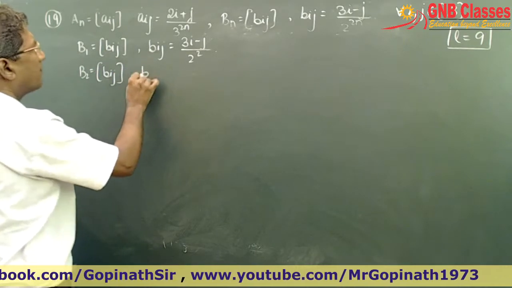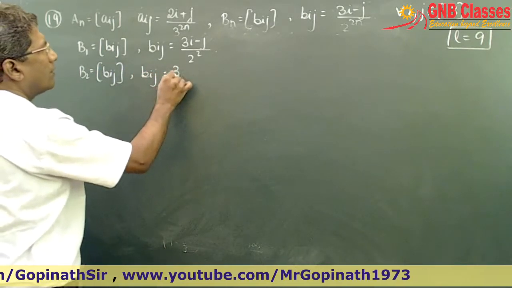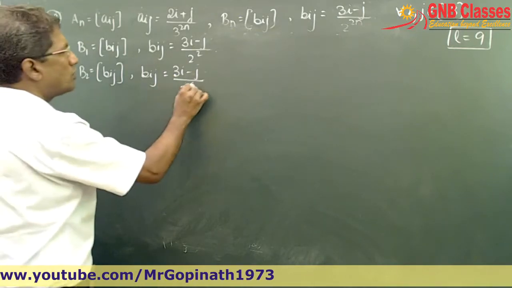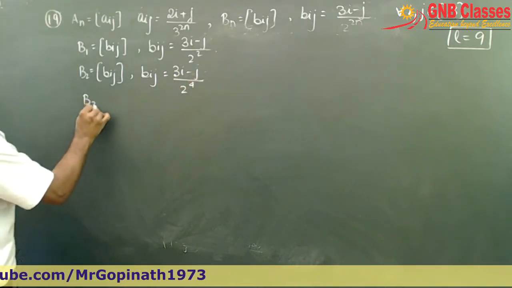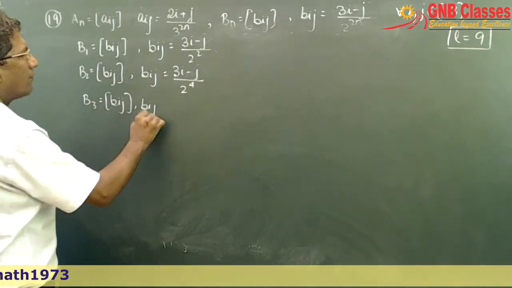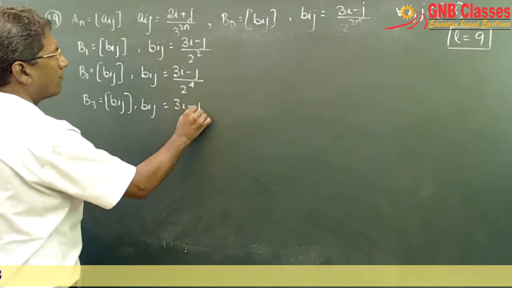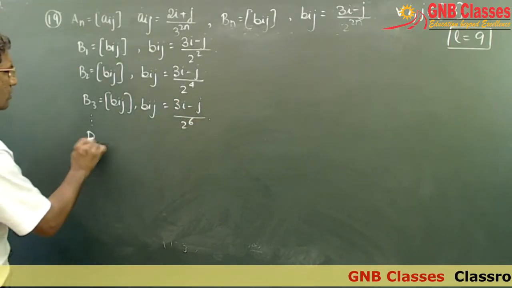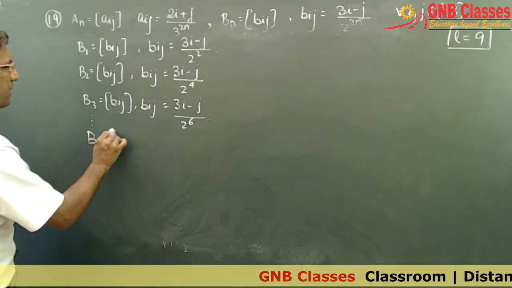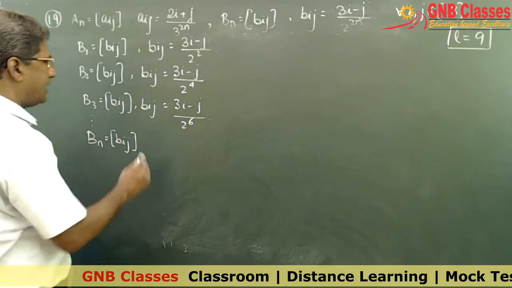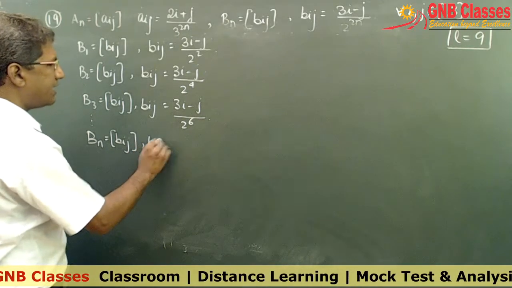It will be (3i minus j) divided by 2 to the power 4. Similarly, B3 will be (3i minus j) divided by 2 to the power 6, and this thing goes on. So Bn will be matrices of elements Bij, where Bij is (3i minus j) divided by 2 to the power 2n.